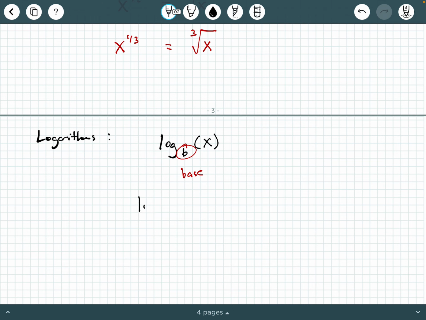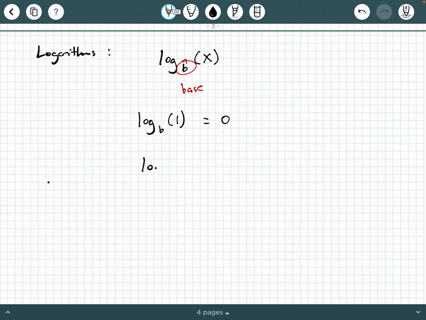When you have log of any base of 1, you get 0, okay? Next, if you have log base b of the same number b, this is equal to 1, okay?